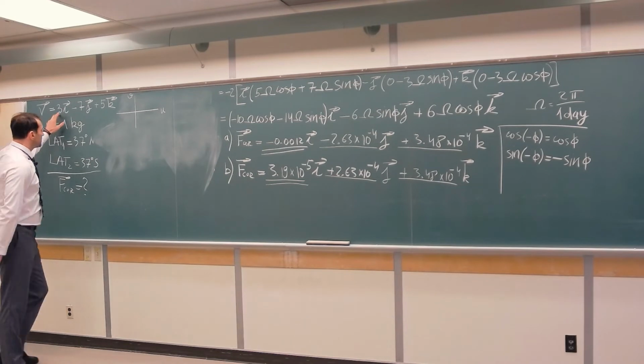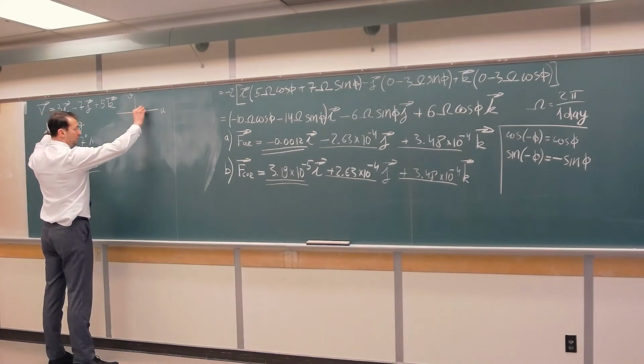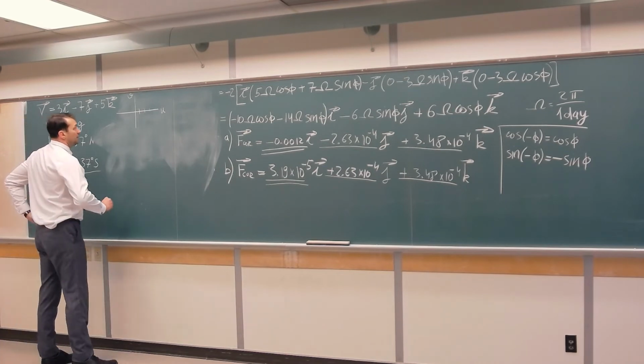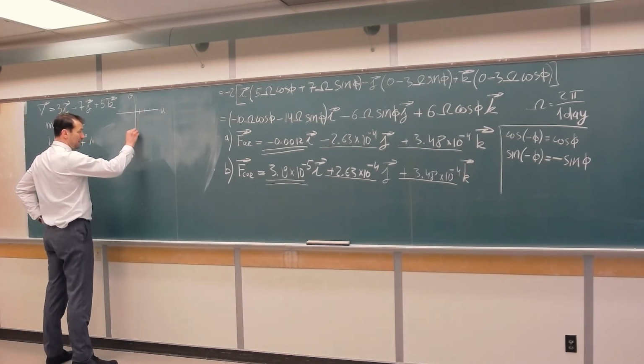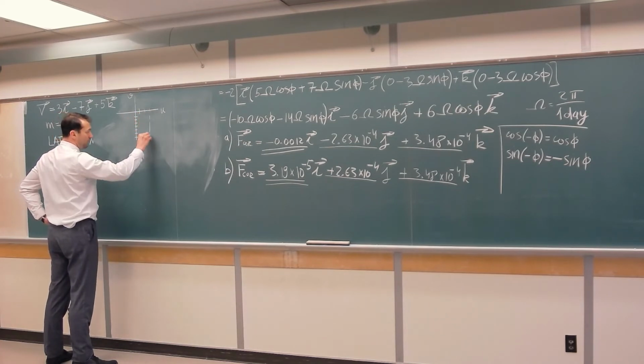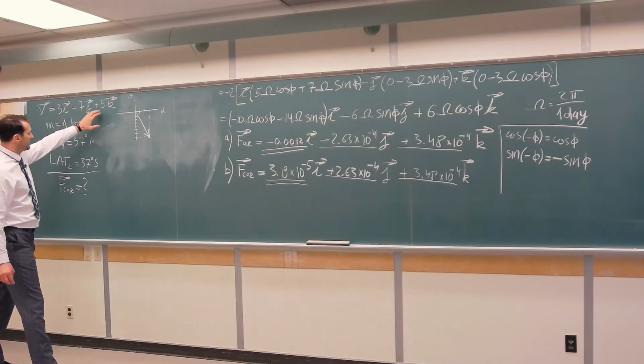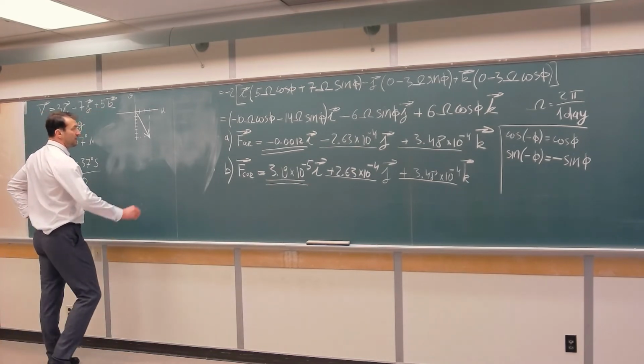Notice we have 3 units in the I direction, and negative 7 units in the J direction, so 1, 2, 3, 4, 5, 6, 7. So approximately this would be the horizontal wind velocity for this vector.